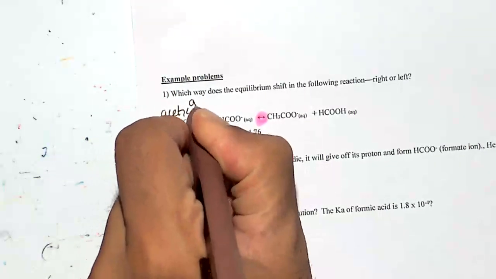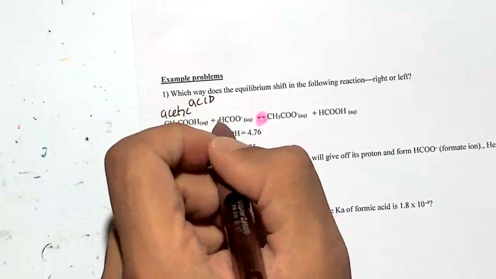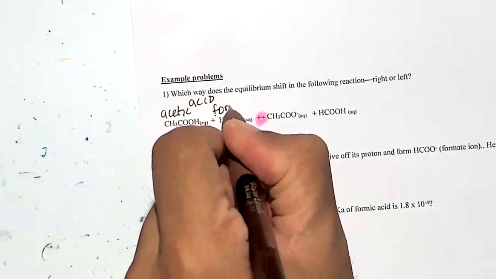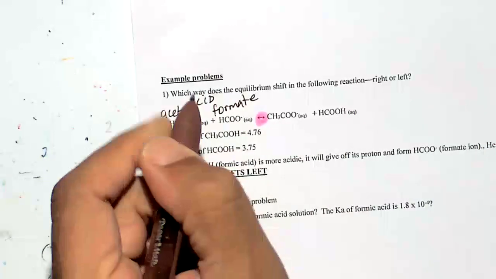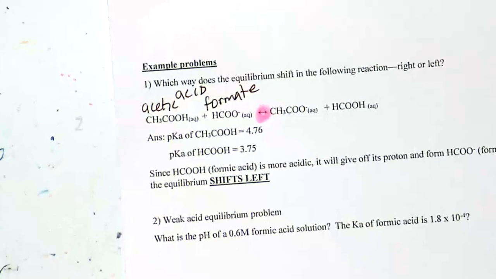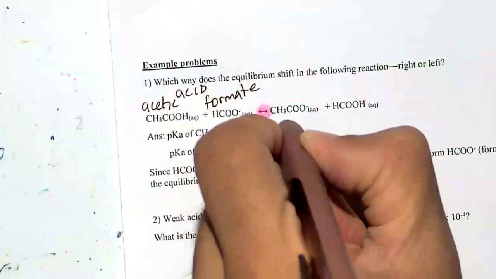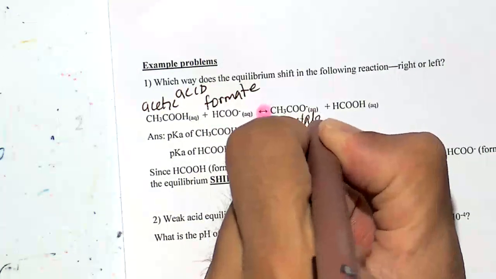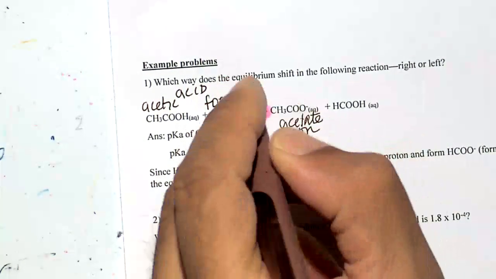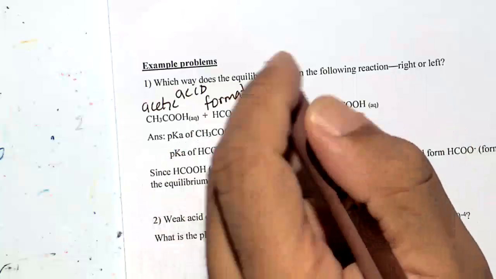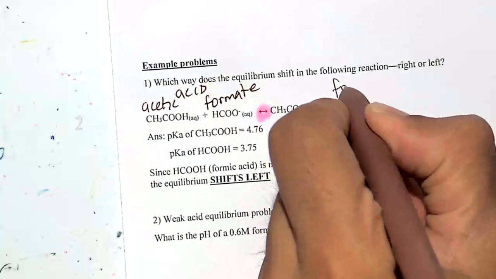CH3COOH is acetic acid. HCOO minus is formate ion. CH3COO minus is the acetate ion, the conjugate. And then HCOOH is something that took that proton.